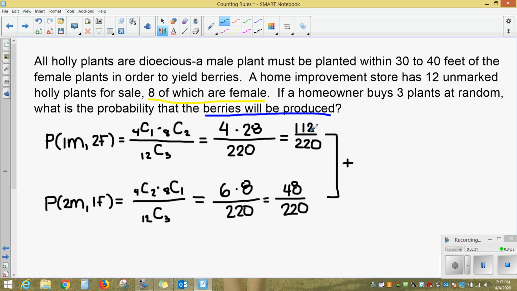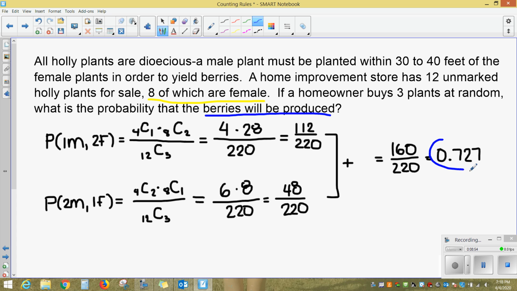Okay, so 112 plus 48 is 160 over 220, hopefully, and as a decimal to 3 decimal places, it's actually 0.72 repeating. So to 3 decimal places, it'll be 0.727.